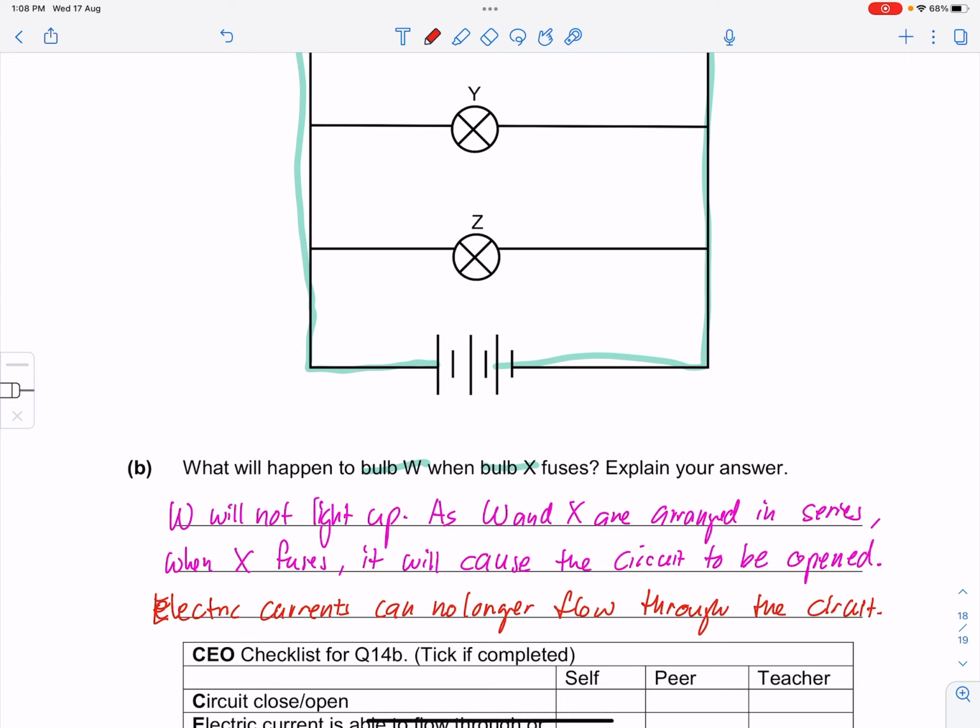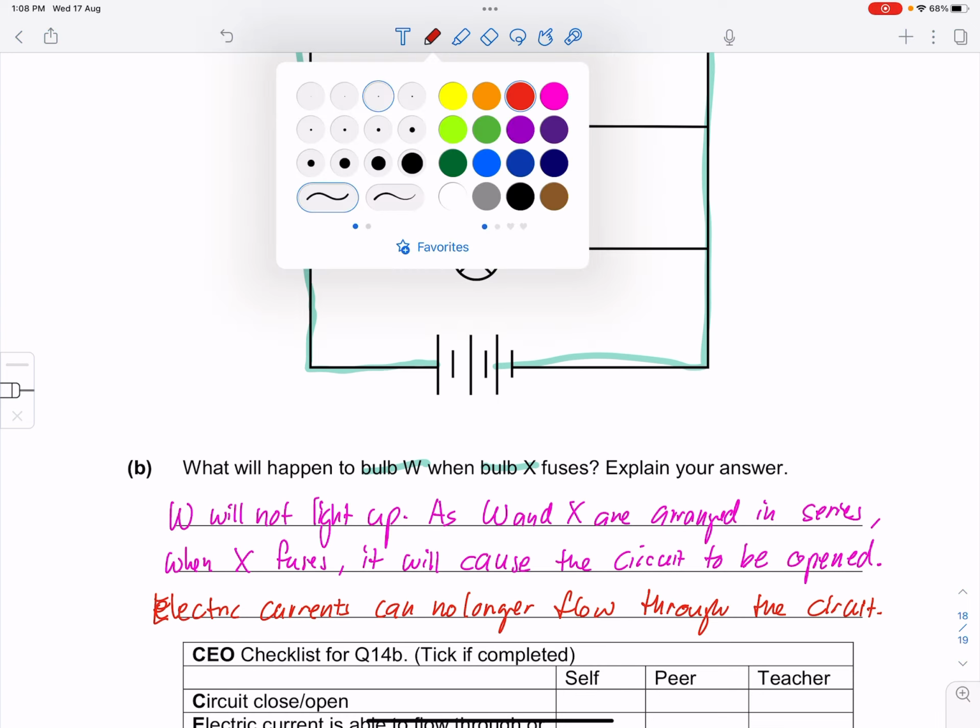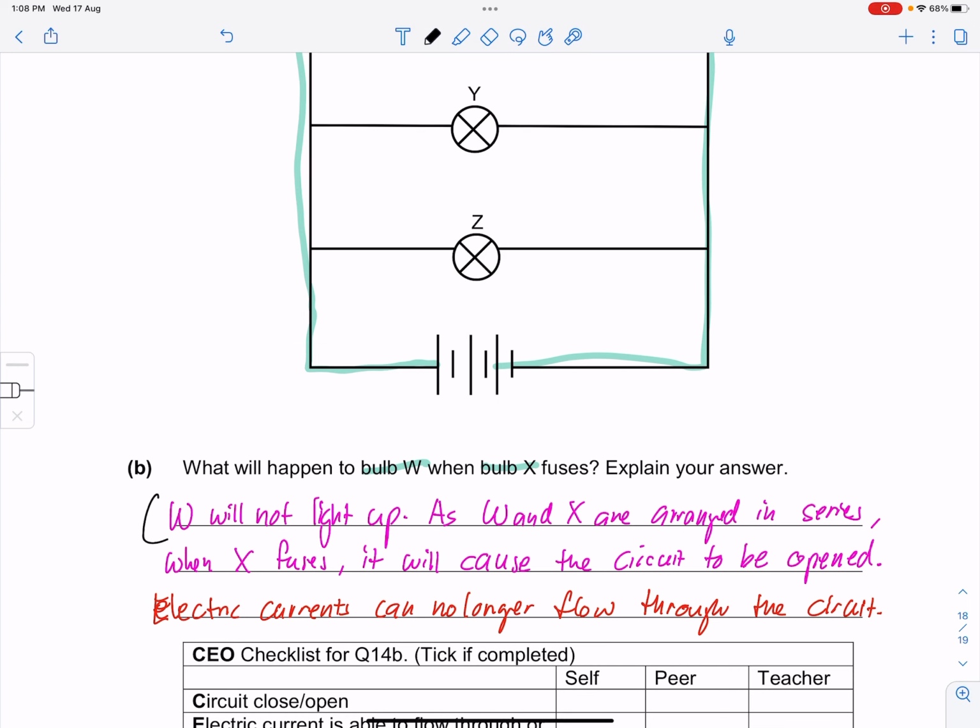Okay, so where is your CEO? In this case, you put the O at the front, and then your C is here, and then your E is here. Now, it is important to talk about the arrangement, because I told you the last time round, there are parallel arrangements and there are series arrangements of your bulbs.